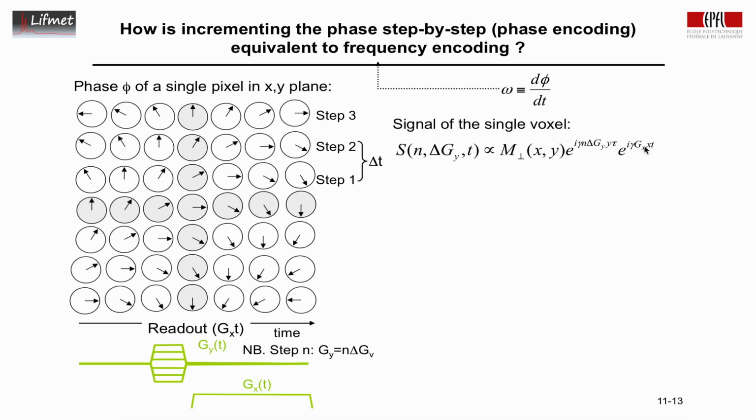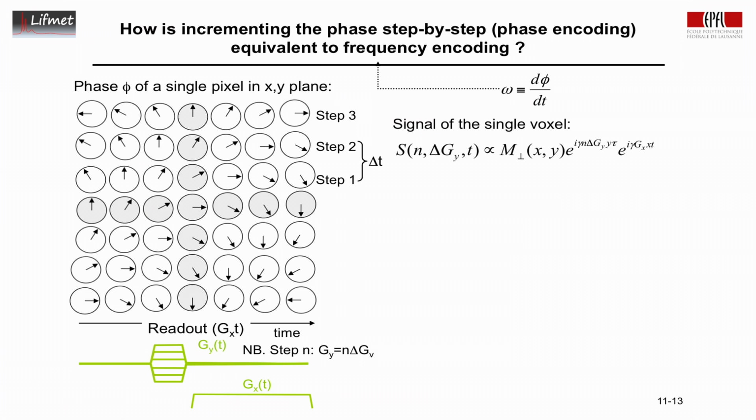And e to the i gamma Gx times x times t. That's the evolution during the readout gradient. Again, here we have not considered echo formation. We are assuming we're starting at the echo. The principle here is more important than exact detail.